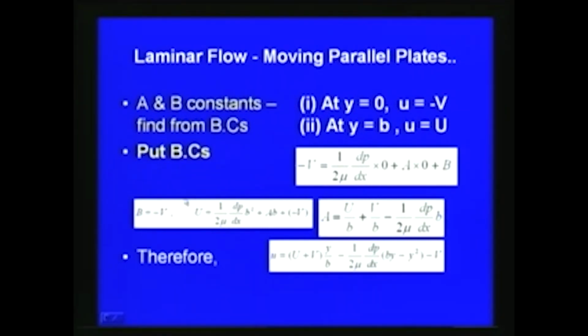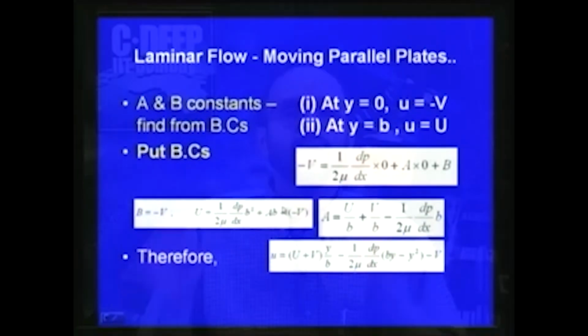So, we get b is equal to minus V, and then if we substitute for y equal to b, u is equal to U. So, we get U is equal to 1 by 2 mu dp by dx b square plus ab plus minus V, and finally we get the constant a is equal to U by b plus V by b minus 1 by 2 mu dp by dx into b.